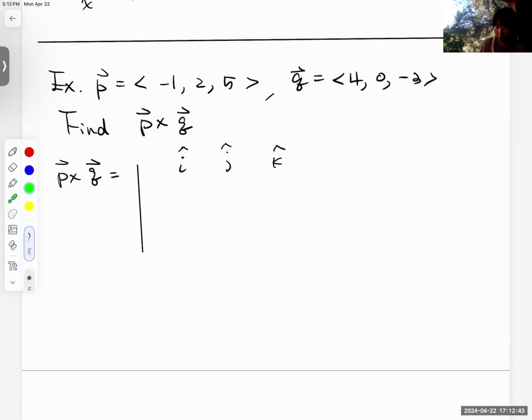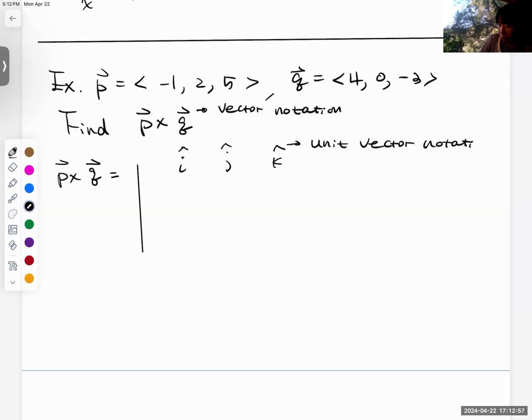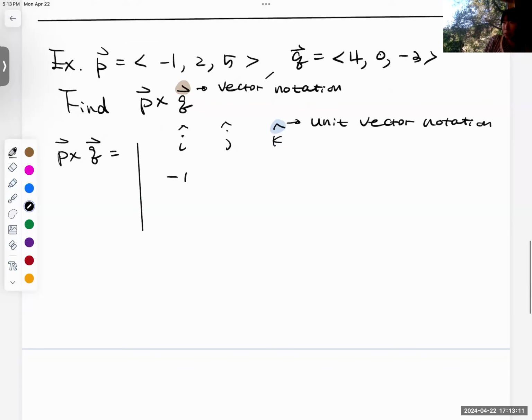So we knew the vector notation, right? Once again, this is unit vector notation. So it's slightly different, right? So this one and this one. Okay, so we have negative 1, 2, 5, and 4, 0, negative 3.